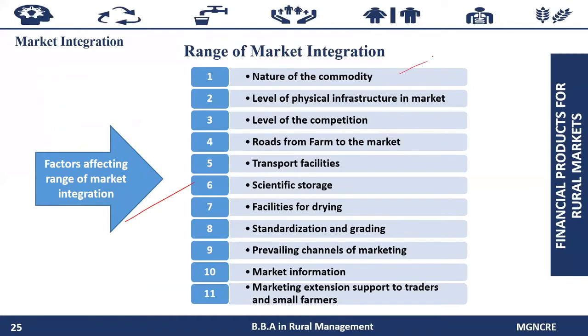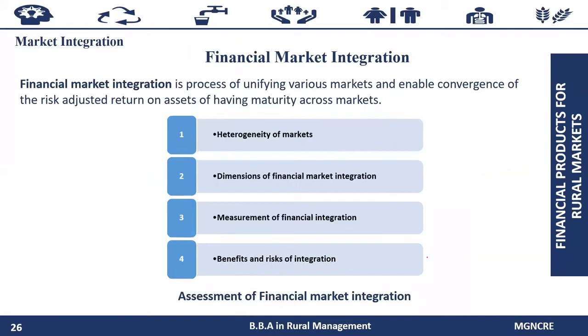Firstly, the nature of the commodity, then level of physical infrastructure in the market, level of competition, road from farm to market, transport facilities, specific storage, facilities of drying, standardization and grading of the products, prevailing channels of marketing and market information, and lastly marketing extension support to traders and small farmers.